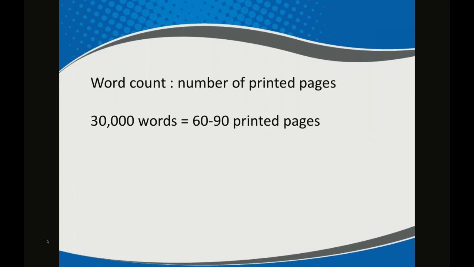Now, while it varies, depending on whether your book or scholarly work is text only, or if it includes a lot of photographs and drawings, 30,000 words is between 60 and 90 printed pages.